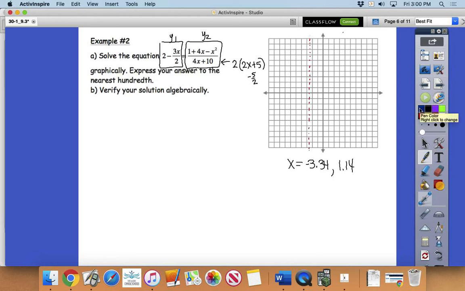Okay, so when we're graphing this, you're going to see something like this occur. We're going to make sure that our graph goes through the point of -3.34 and 7. So when I looked at the coordinates, it was -3.34 and +7. So that's where the graphs are going to intersect.